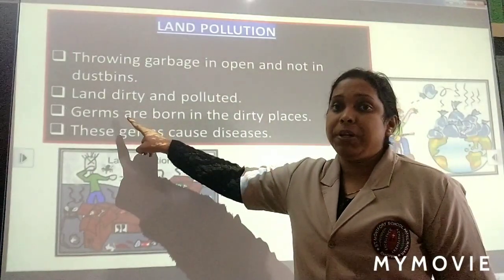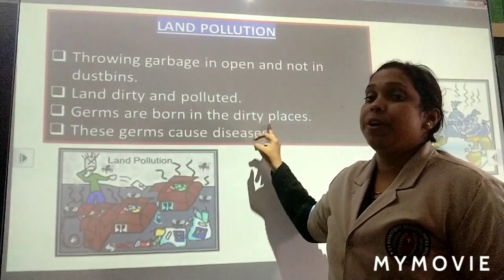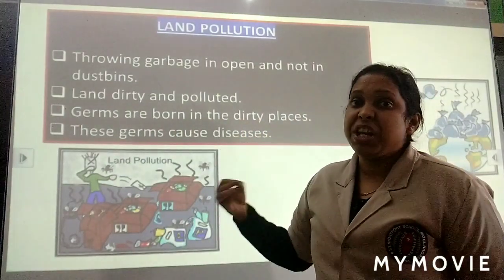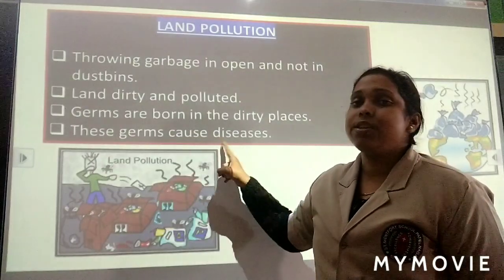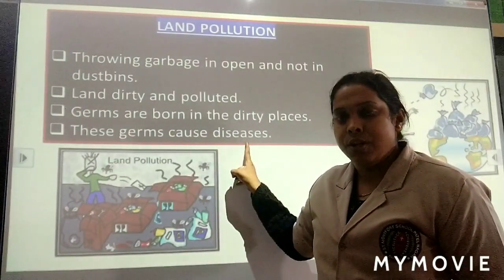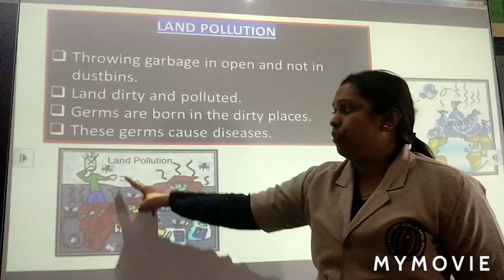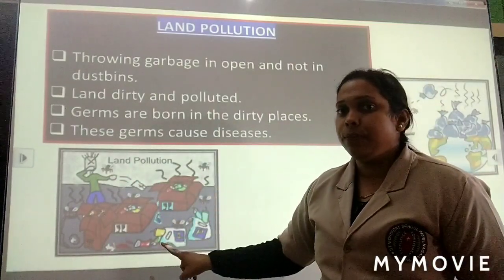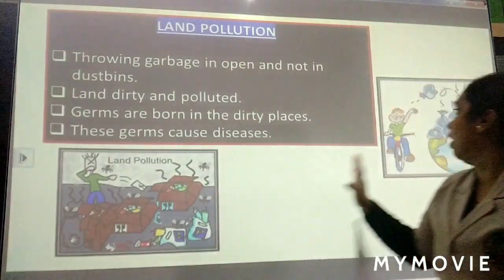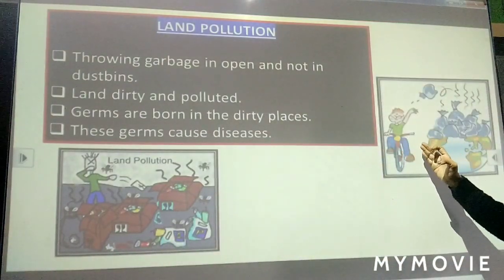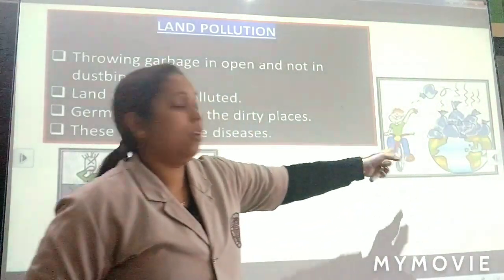So what will happen? When we throw something, germs are born in these dirty places. Many types of germs, flies and insects are born in these places and these cause diseases. As you can see, this man is throwing something and see how many flies you can see. Smell is coming. It is very dirty. When you go somewhere, you just throw it outside the dustbin.